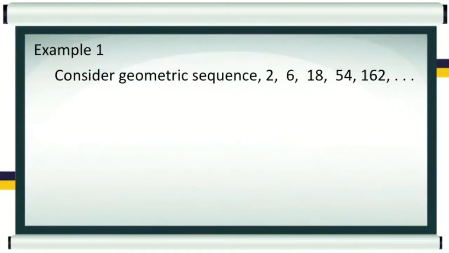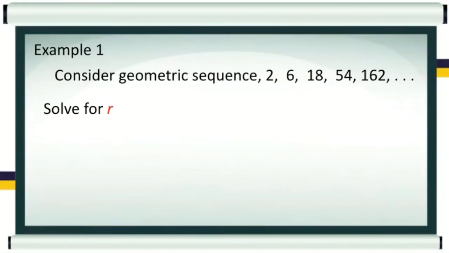Let's now go to an illustrative example. This time, we need to consider the geometric sequence 2, 6, 18, 54, and 162. And we are going to find the common ratio of this sequence. Now, how are we going to solve for r? Again, we need to divide any term in the sequence by the term that precedes it.